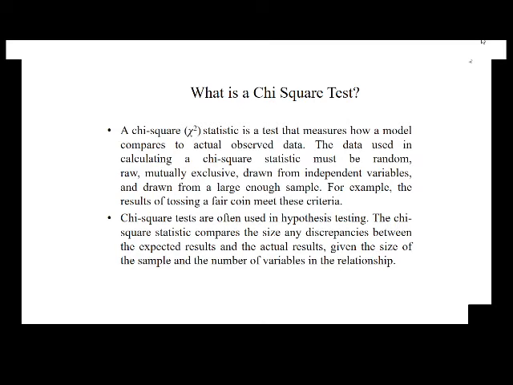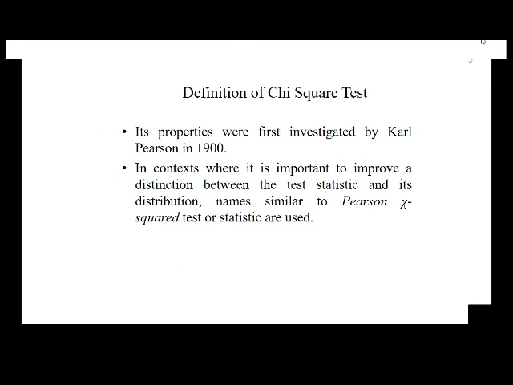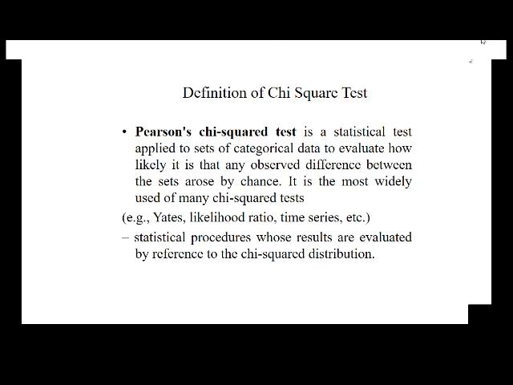The chi-square test and its properties were first introduced by Karl Pearson in the year 1900. In this context, it is important to note the distribution between the test statistic and its distribution; the name is similar to Pearson's x squared test statistic.